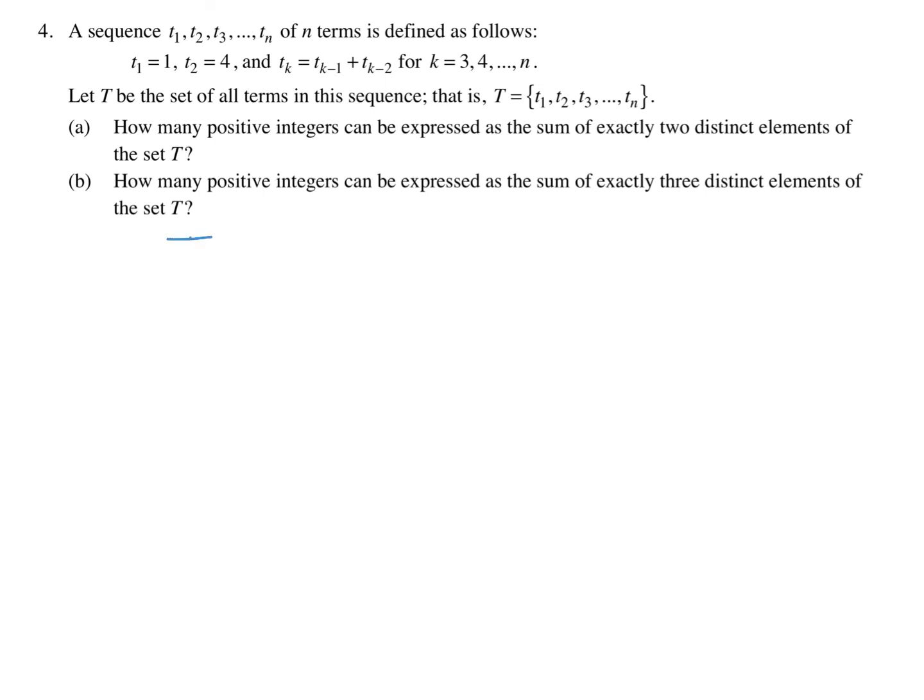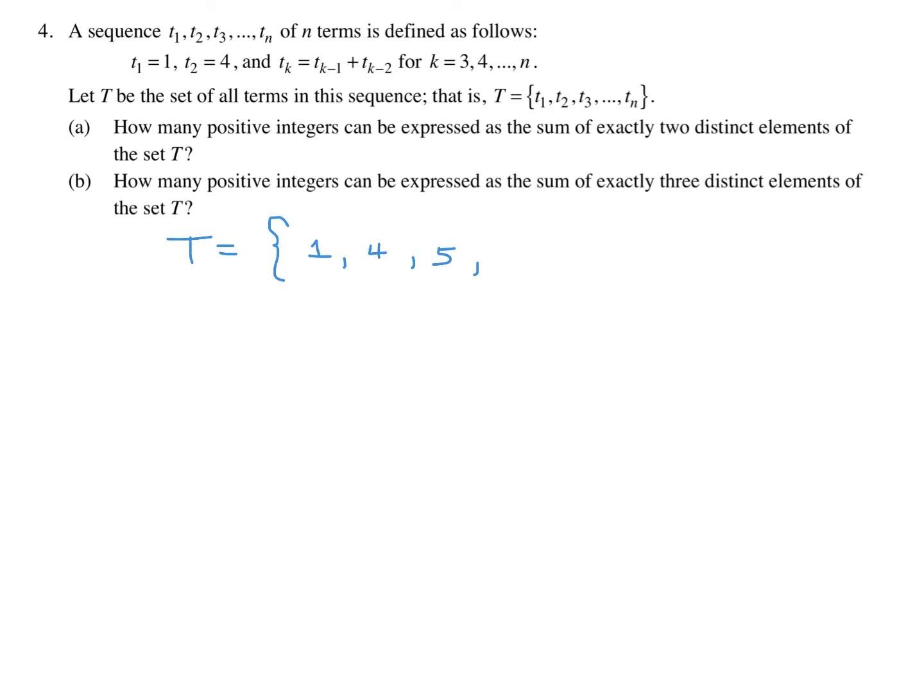So the first step, I think the easiest way is to write out the numbers. So using this recursive formula, I can get the first few terms. T1 is 1, T2 is 4. The next one, which would be T3, is essentially just the sum of the previous 2. So that's going to be 5, right? 1 plus 4.